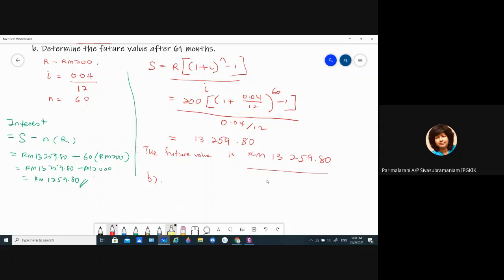After 60 months, you got this. After the last month's payment, 61 is the last month. The last month, how much did you put? 200.